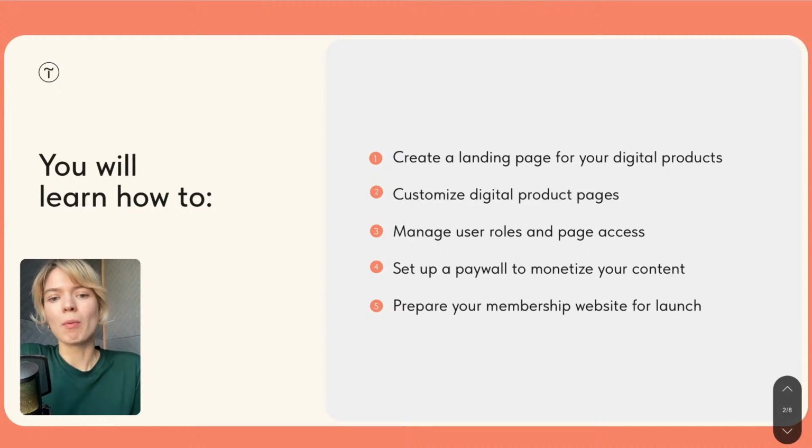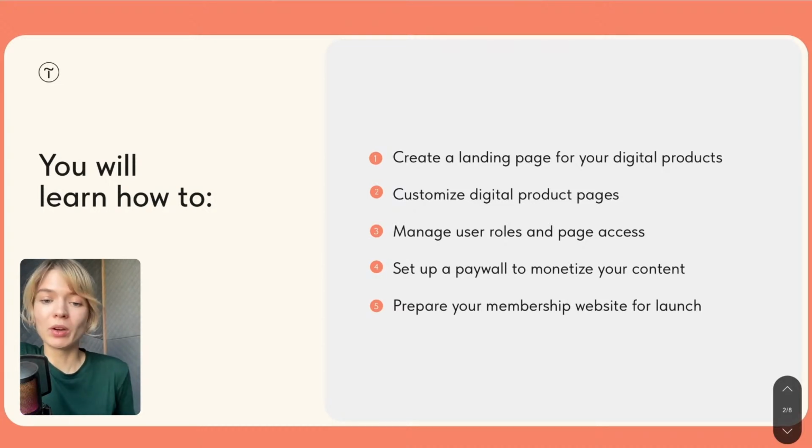And next, we're going to talk about managing user roles and page access. You can set up a paywall and grant access to certain user groups and hide or unhide certain pages to be visible to your audience. Like I mentioned, we're going to dive deeper into setting up a paywall to monetize the content. We're going to talk about how to connect payment systems and how to sell digital products on your website.